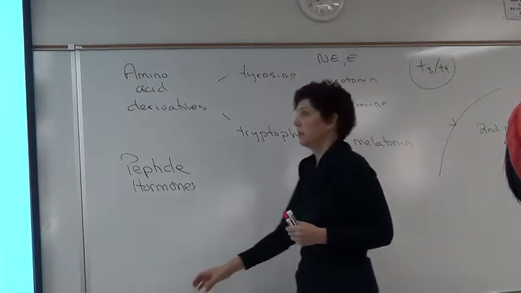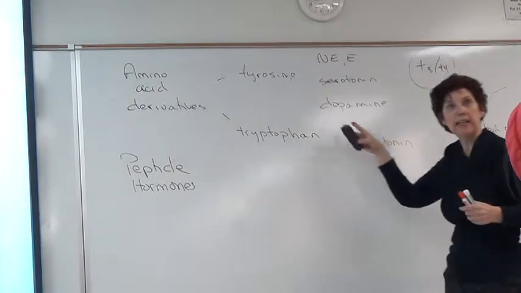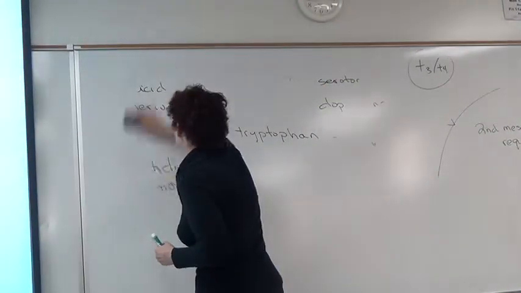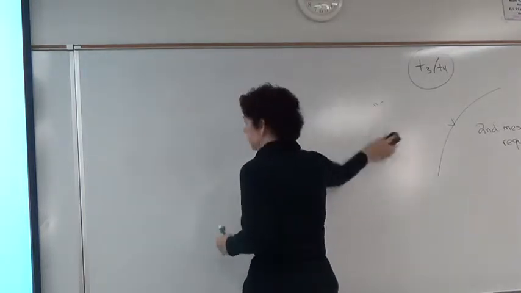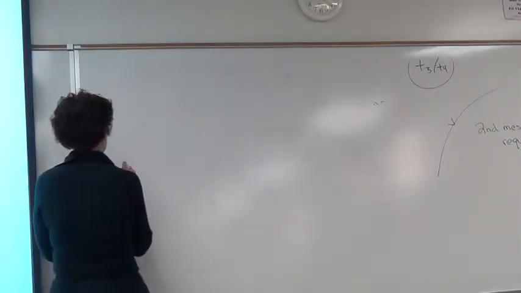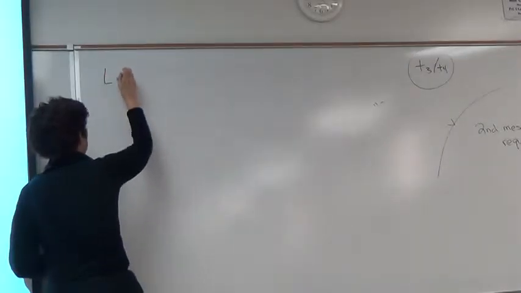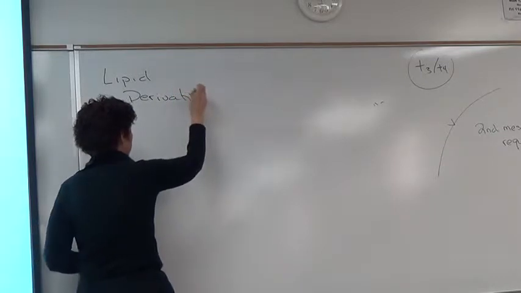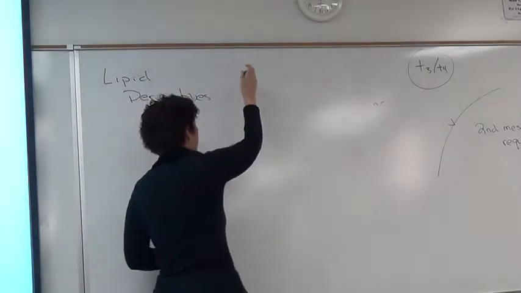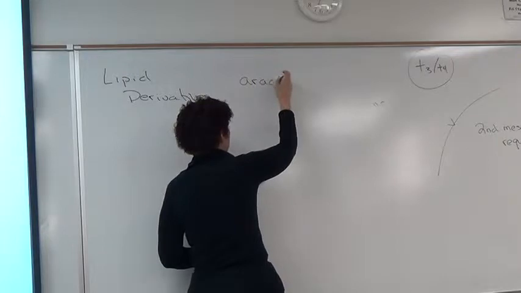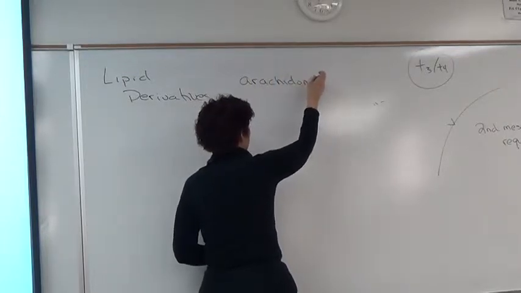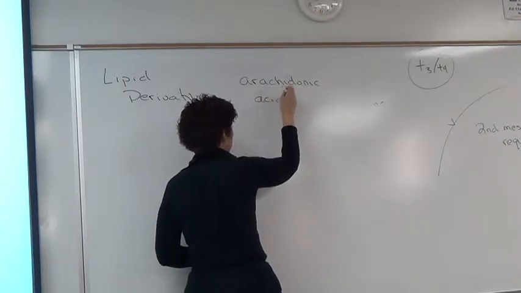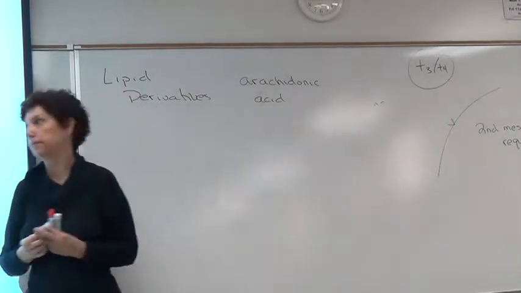And then the last group, can I erase this so those in the back can see? Okay, the last group are the lipid molecules. And there are two types of lipids. One group are derived from a fatty acid known as arachidonic acid.